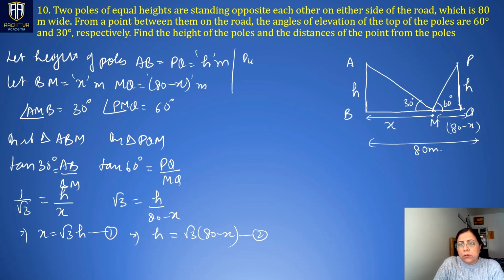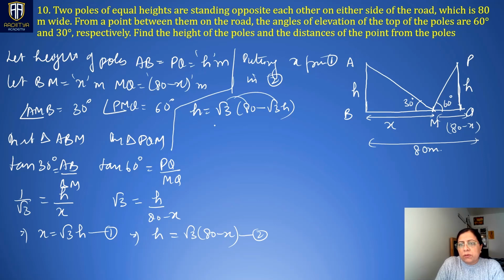So now putting x from 1 in equation 2, here we have h is equal to root 3 times 80 minus x, which can be written as root 3h. So simplify this. h is 80 root 3 minus root 3 into root 3 h.